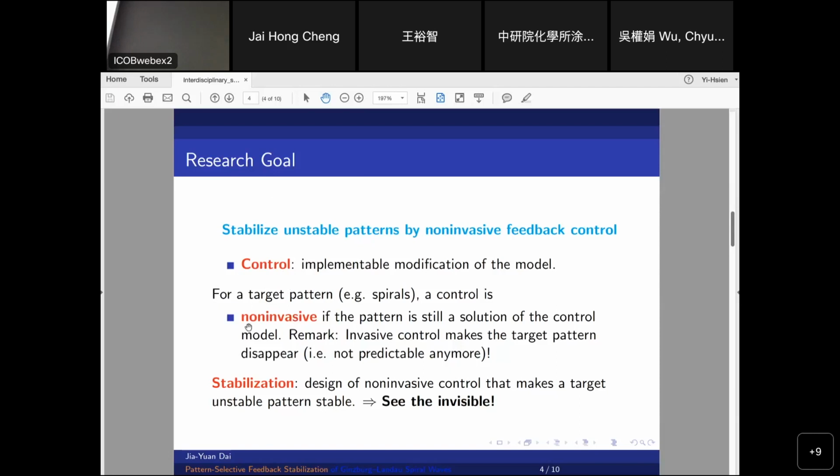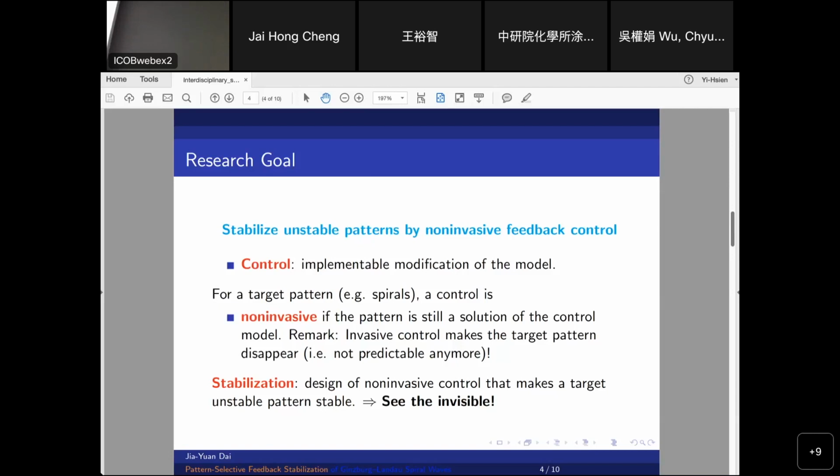Now, for a target pattern, suppose I have a spiral, then a control is so-called non-invasive if the pattern is still a solution of the control model. This is very important. Why? Because I change my model. I have a pattern, but it is not necessarily a pattern of the control system.